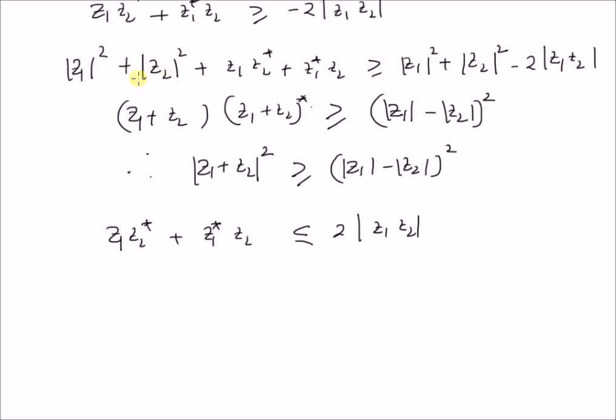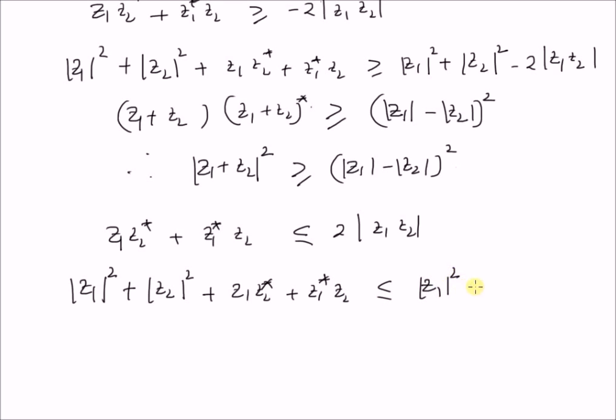Now again, by adding the squares of the absolute values on both sides, we can clearly see that |z1|² plus |z2|² plus z1 z2 conjugate plus z1 conjugate z2 is always less than or equal to |z1|² plus |z2|² plus 2 times |z1 z2|.